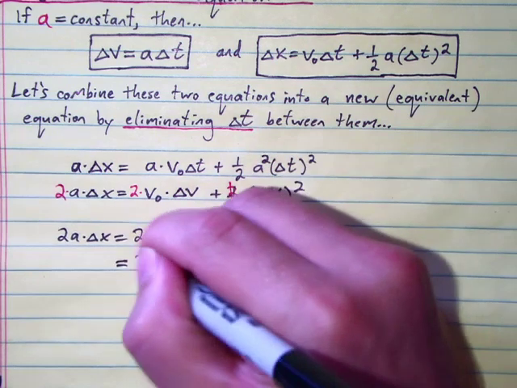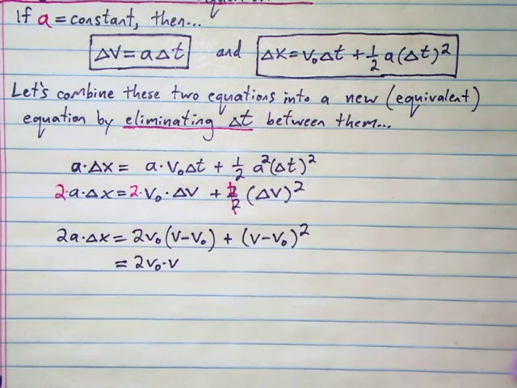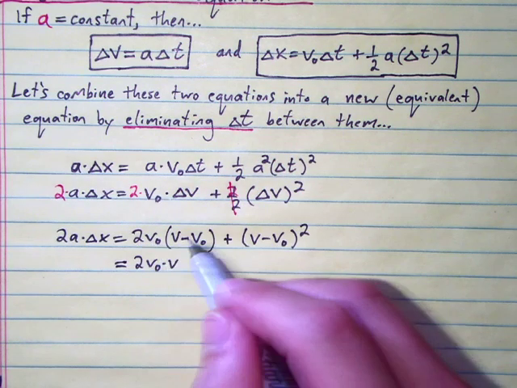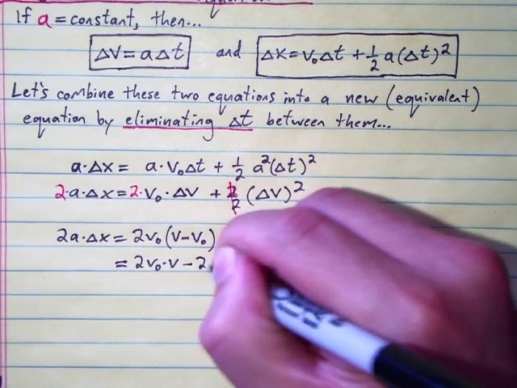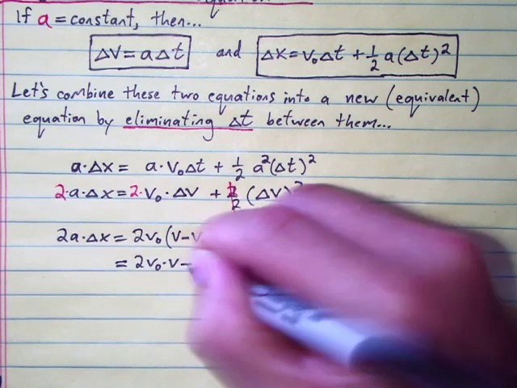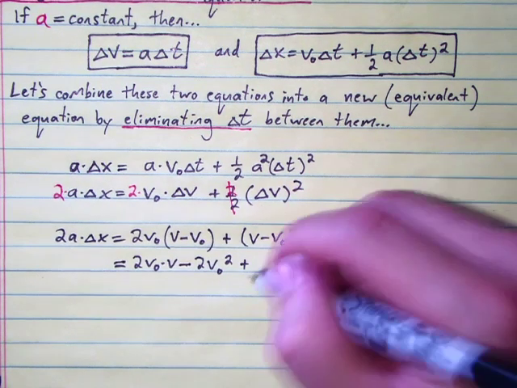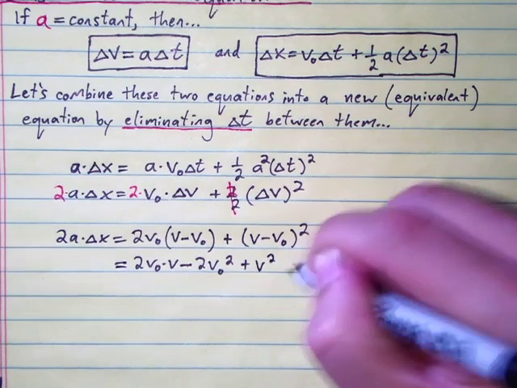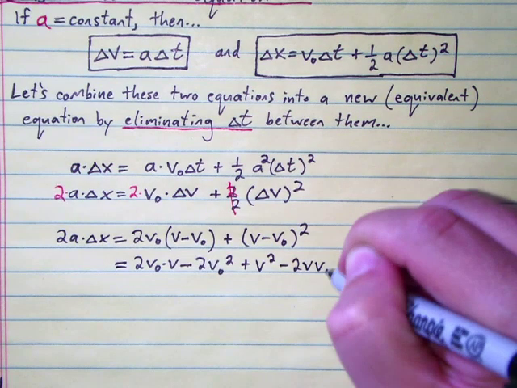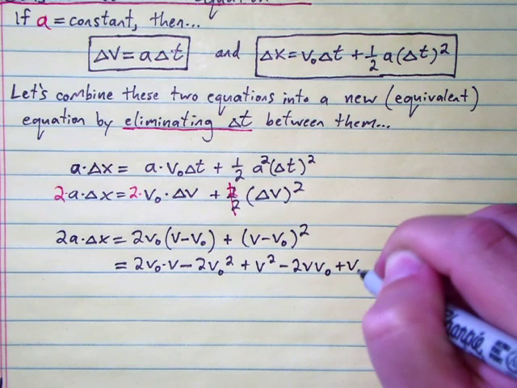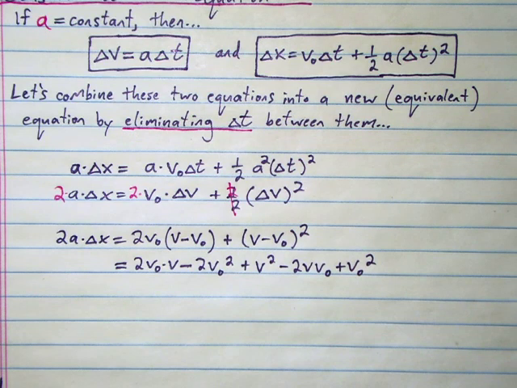On the right-hand side, I'll have 2v naught times v minus 2v naught times v naught, or 2v naught squared. Plus, I've got to multiply out this whole thing, which we know is going to be v squared minus 2v v naught plus v naught squared.